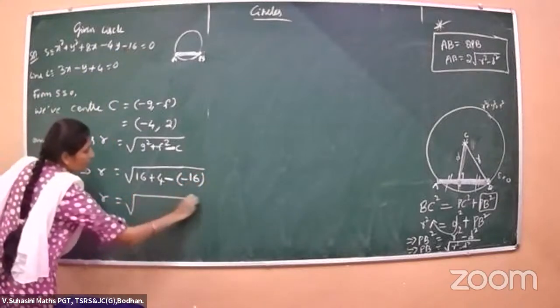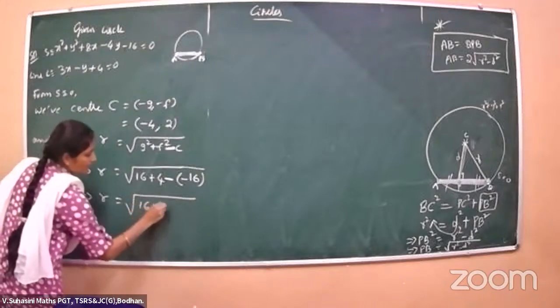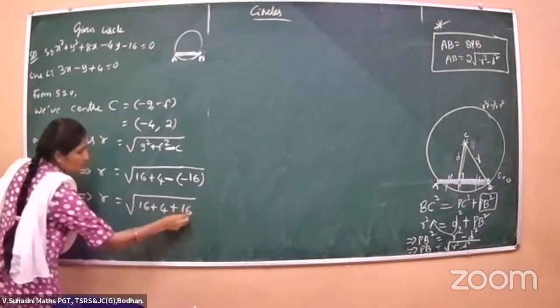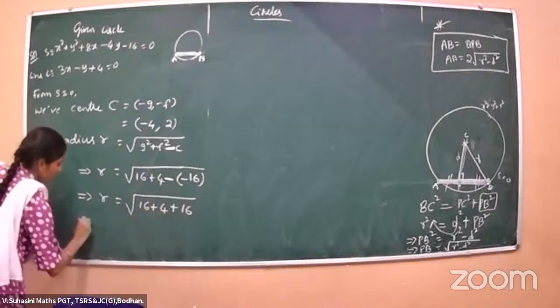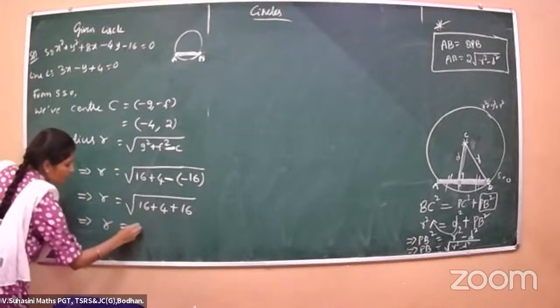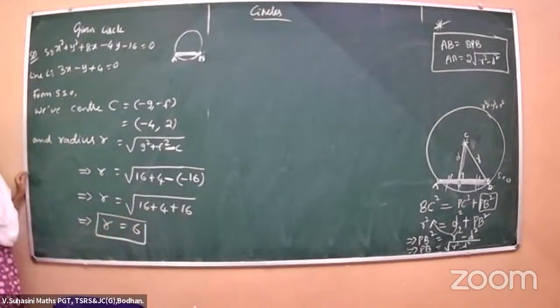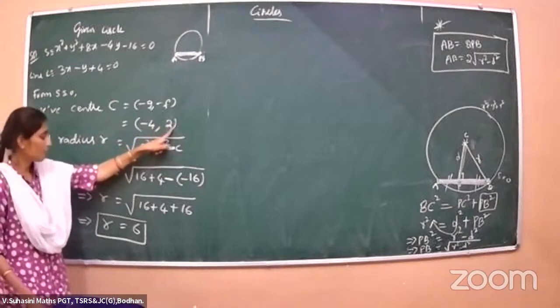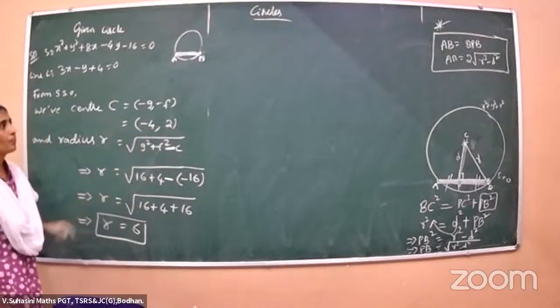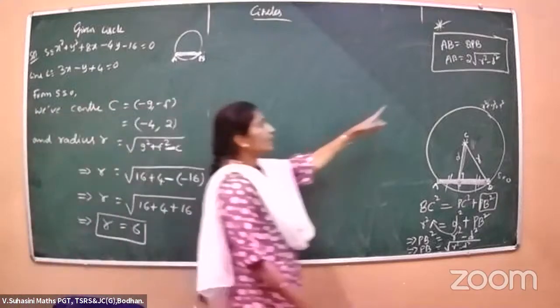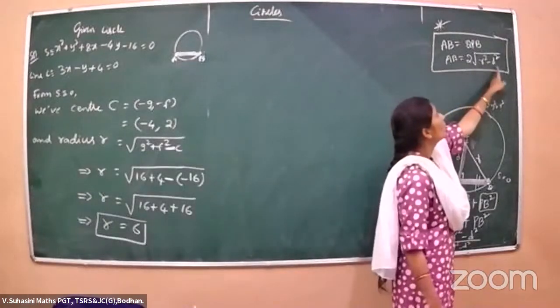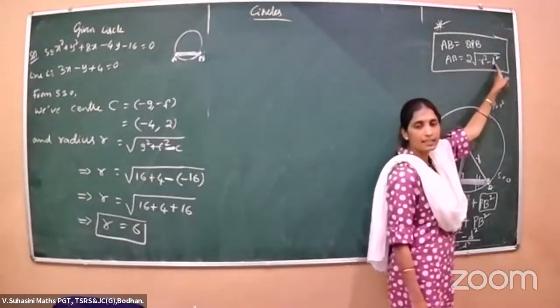Implies r is equal to under root of 16 plus 4 plus 16. 16 plus 16, 32, 32 plus 4, 36. R is equal to root 36, which is 6. Plus or minus, but radius is positive as it is a distance, we take only 6. So we got g value, we got f value, and we got radius. One more we need to find out, for this length of the curve, is d.